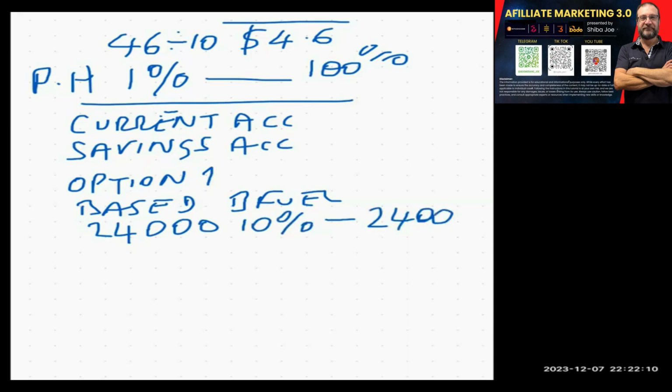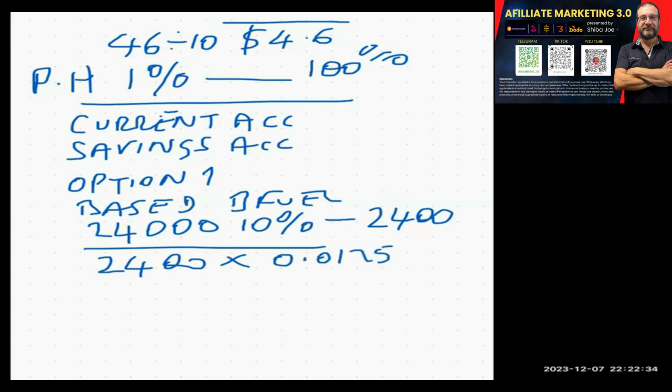The way that you do that is you take your Bfuel amount that you're going to harvest, 2,400, and you times that by 0.0125. And I can do that very quickly. So 2,400 times 0.0125 equals $30. So that's how you calculate your Bfuel costs. So if you're looking at the Bfuel and think, well, I'm going to harvest 10% of my Bfuel costs, that will give you $30.